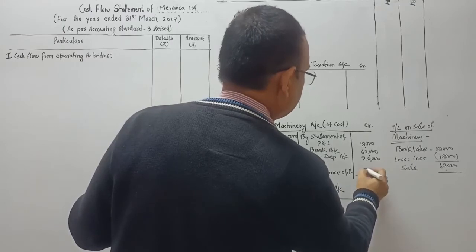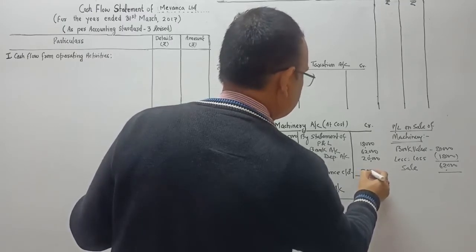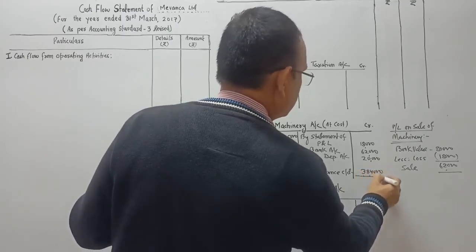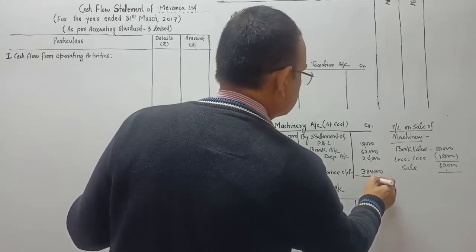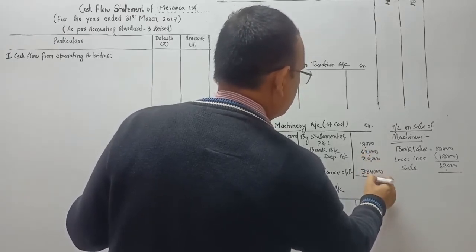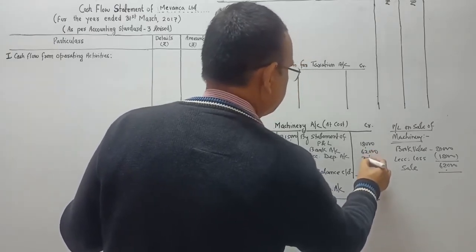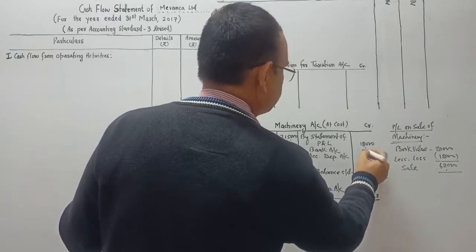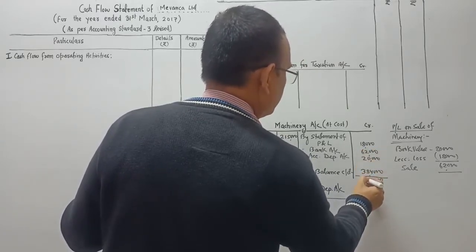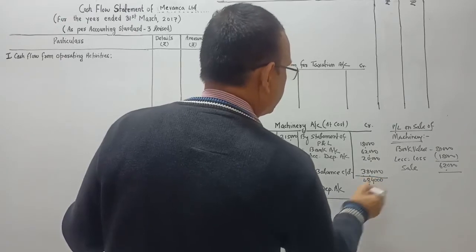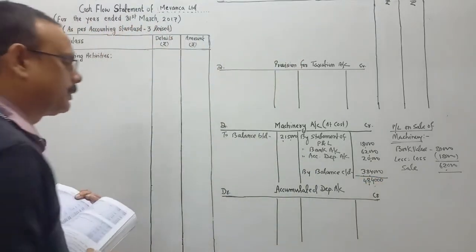It is 3,84,000. Now we will do the total: 0, 4, 1 carry, 16, 17, 18, 4. 4,84,000.